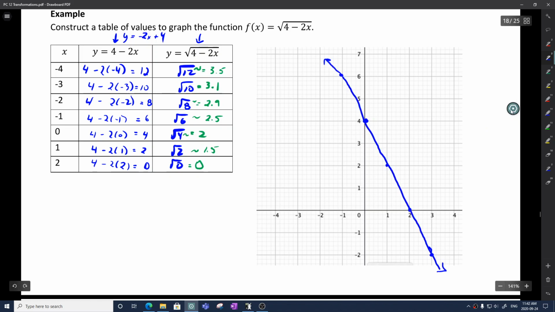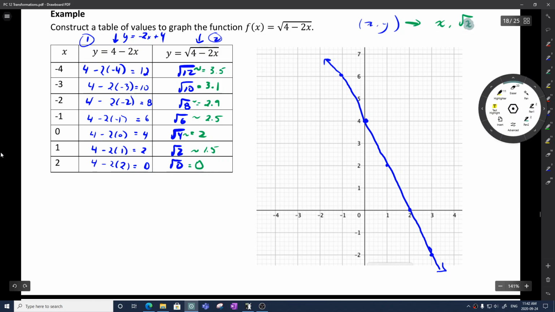I could use the table of values as I've written up, or I can apply the transformation on my graph, depending which one we are more comfortable with. Now remember, as we go from the blue to the green, we take point x, y that exist on this graph, and we transform them so they become x comma the square root of y.